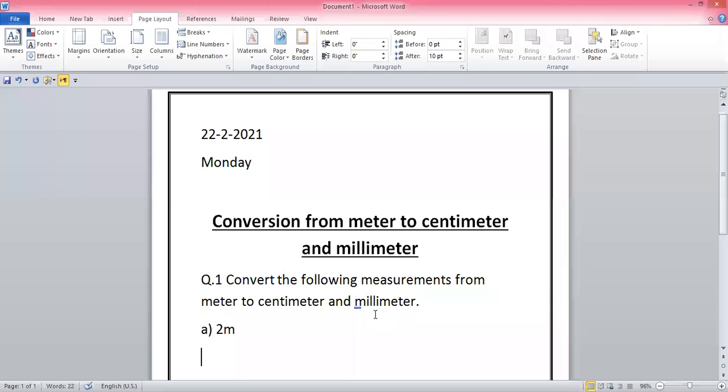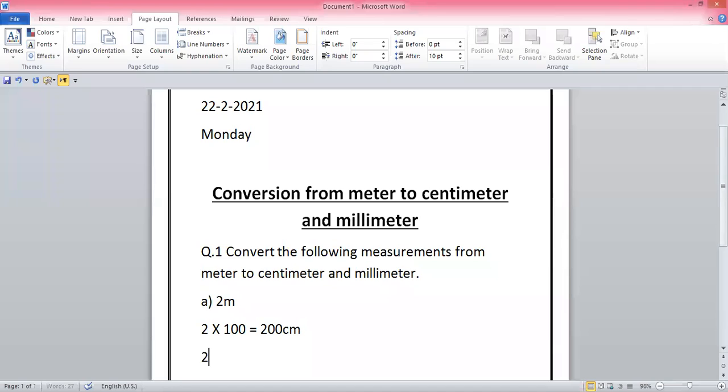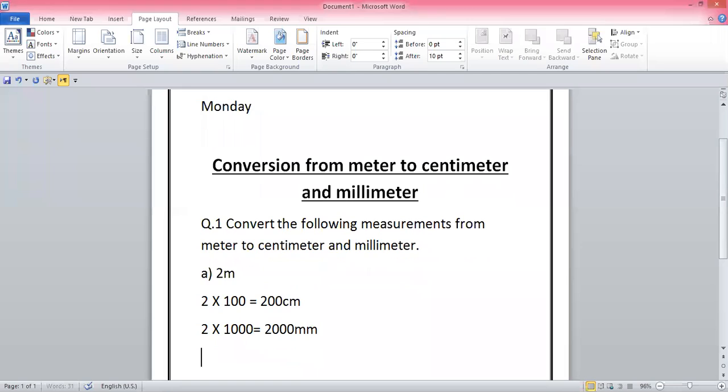So for centimeter, you will multiply it by 100 and you will say it will be equals to 200 centimeter, and for millimeter you will multiply it by 1000 and it will be 2000 millimeter. Is it clear, guys?